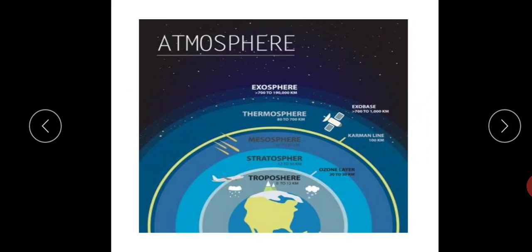So when we talk about the layers of the atmosphere, in the previous class when we were studying liquids in the bottle, I told you we can divide the bottle into 4 to 5 layers and understand how the pressure is exerted. So as the air particles or molecules go higher, what happens to the pressure? The troposphere is near to the earth, so it exerts a pressure which is more.